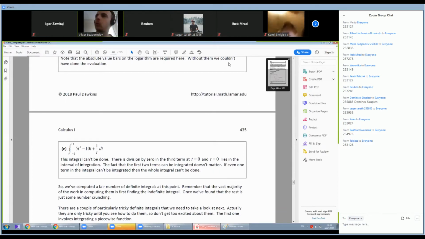Okay, and then one more example here. So this cannot be done, right? Because you have the division by 0, and so this is not continuous here.